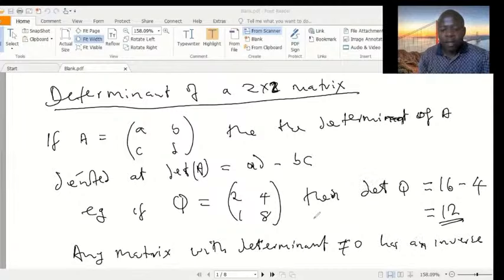So that means we can now find the inverse of a 2 by 2 matrix. Let's try to find the inverse of a 2 by 2 matrix.